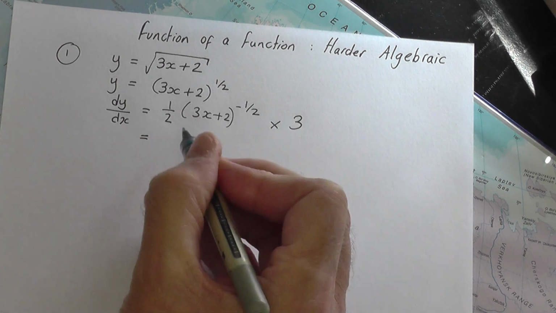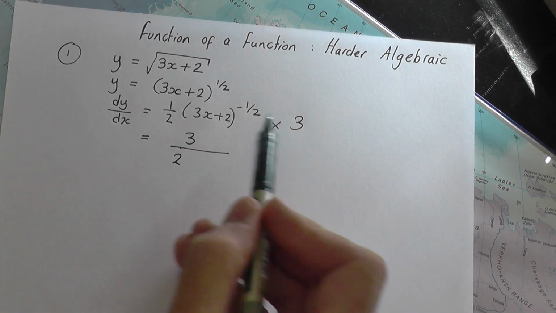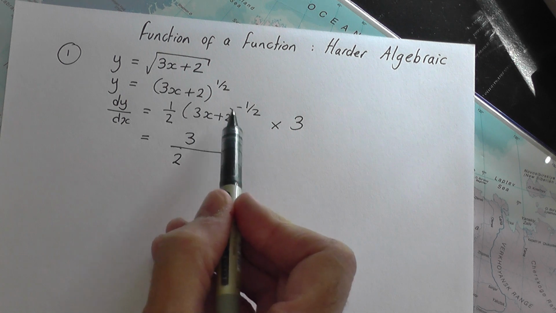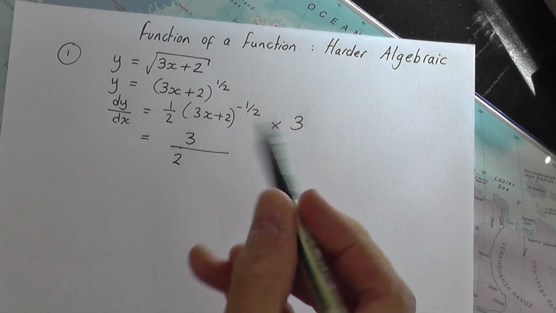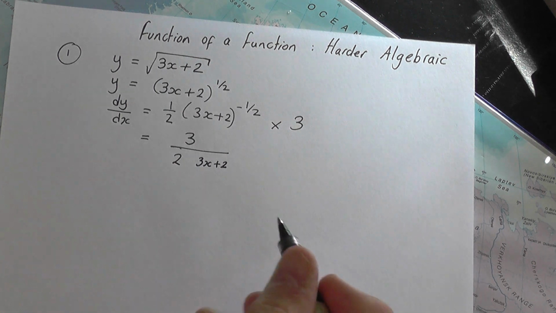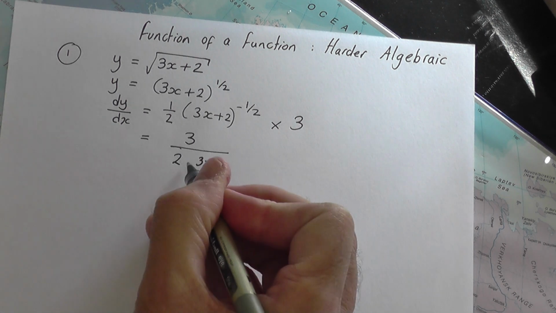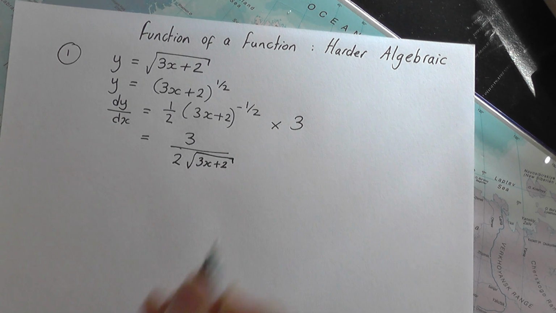So 1 times 3 is 3 on the top, you've got a 2 on the bottom, and because this is a negative a half, that quantity, the 3x plus 2, goes to the bottom line. It's a power a half on the bottom line because of the negative, and that means a square root on the bottom line. And there you go, there's the final answer.